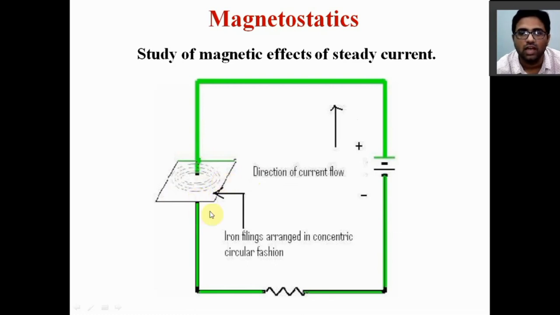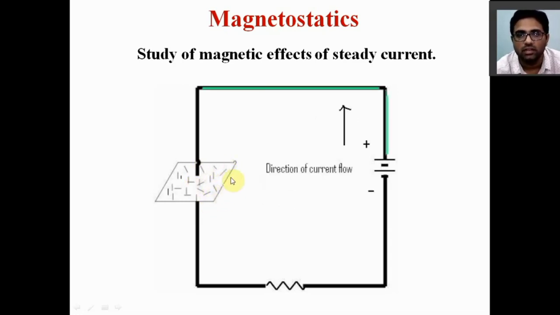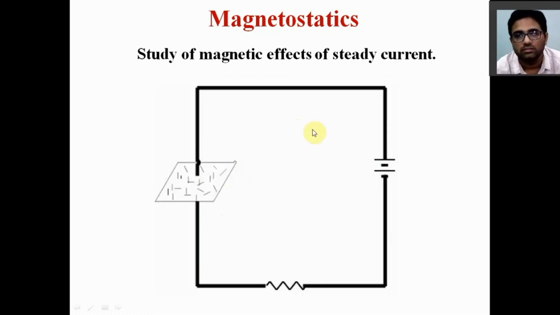So here the direction of orientation of the iron filings indicates the direction of the magnetic field, right? This experiment is a direct proof of the production of magnetic field due to current.